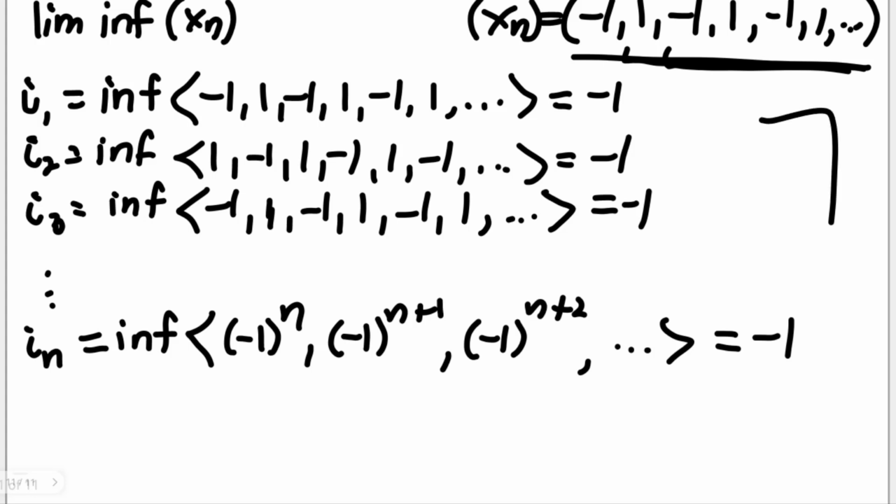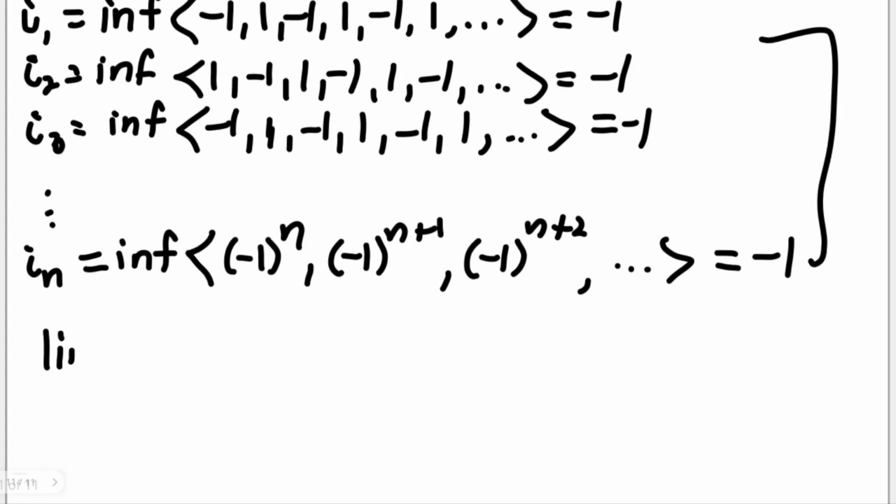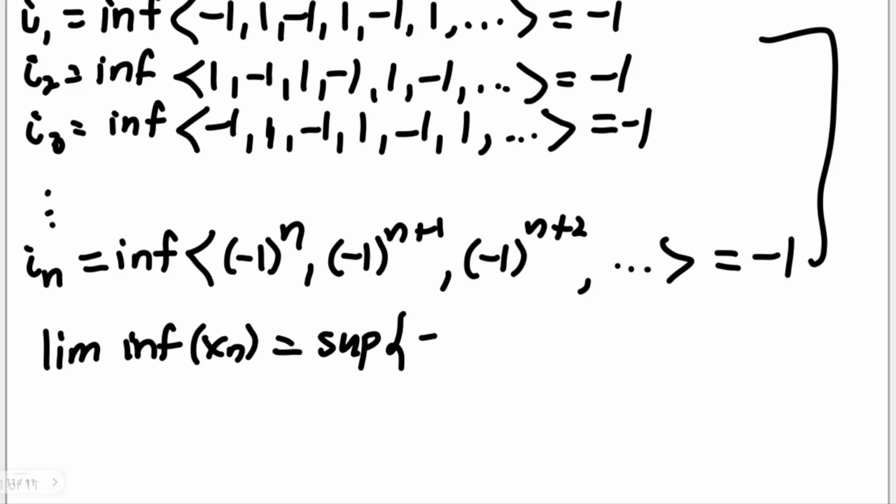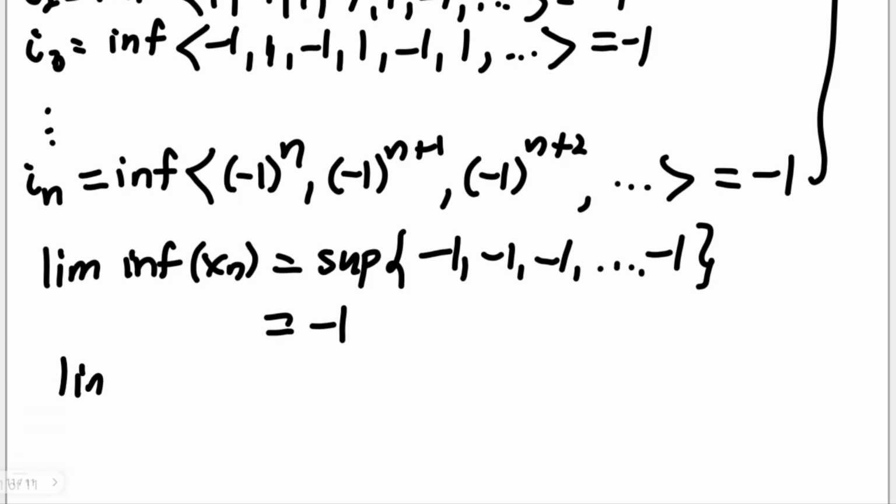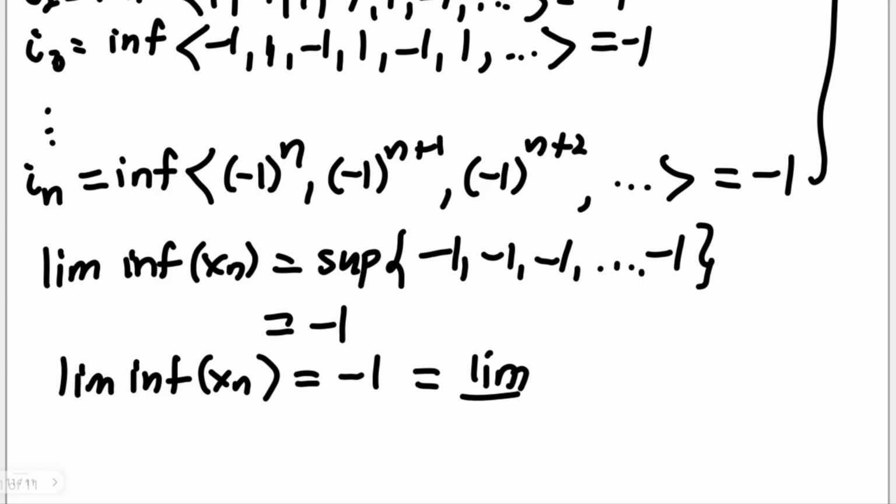So all of this, for the limit inferior of your x sub n is the supremum of all of this, negative 1, negative 1, negative 1, negative 1. And that is equal to negative 1. So the limit inferior of your x sub n is equal to negative 1, which is also denoted as this underlined notation.